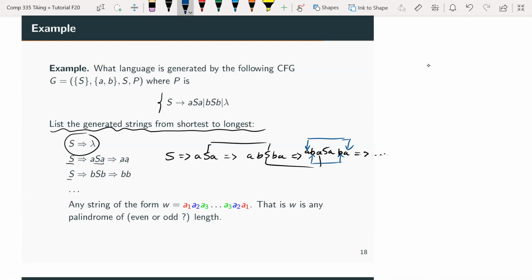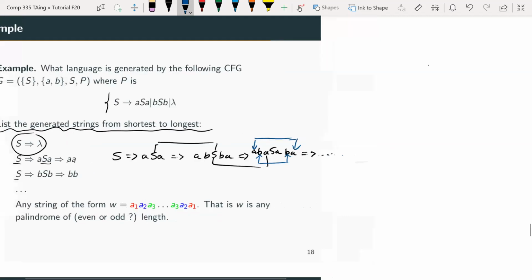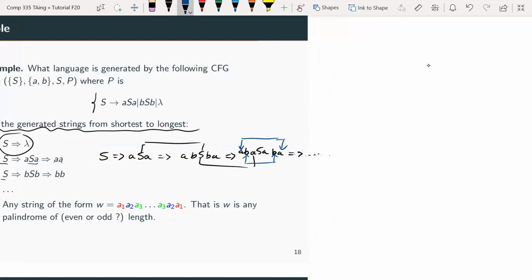And so at the end, what I'm going to get is a string of the form W W, and that's because, actually that's not correct.